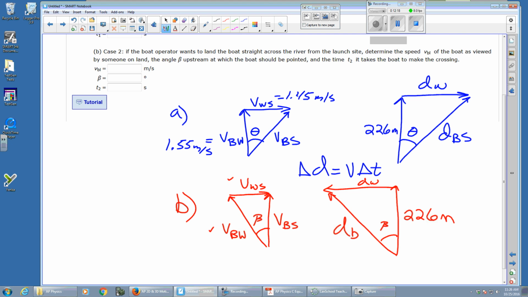Right, and then very similar, we just have a different triangle now. Because now with the 1.55 being the hypotenuse, it's going to take us a different amount of time and everything like that. Still a right triangle, same type of trait.